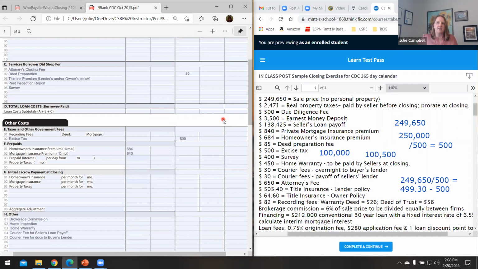Seller pays excise tax, E2. Everybody good? Can I erase all this? Okay.